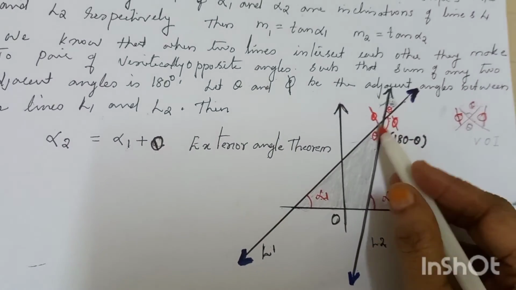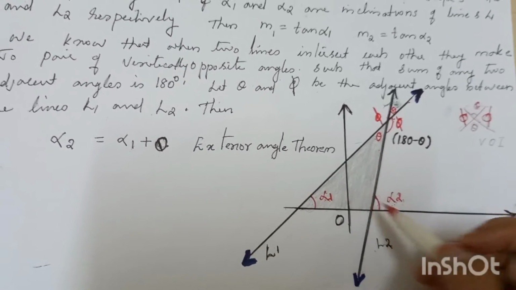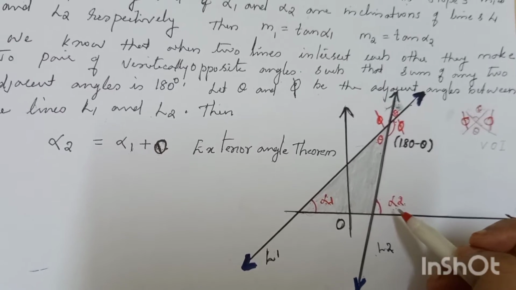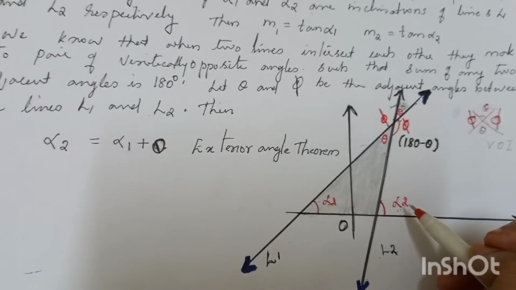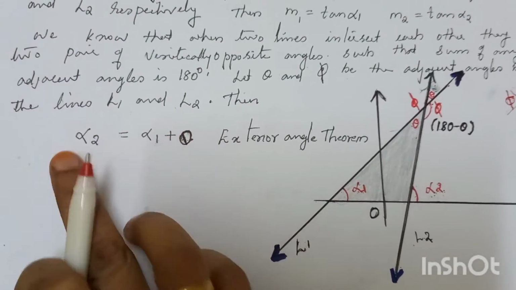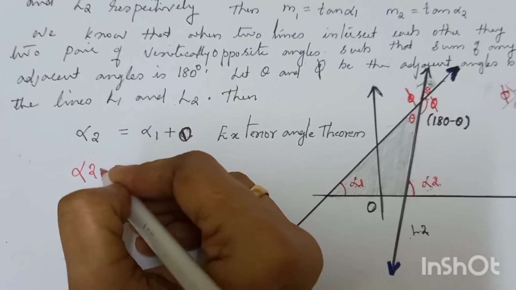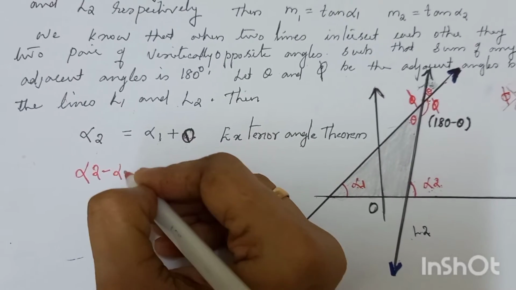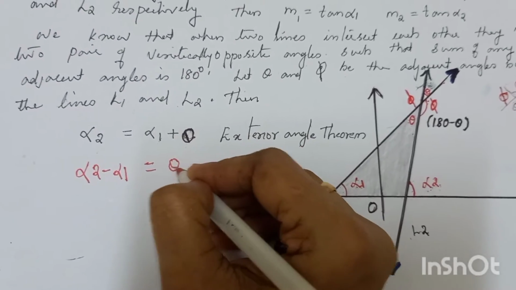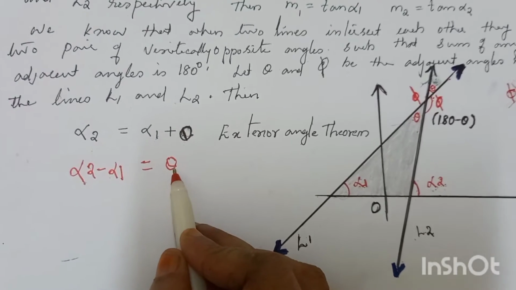Transposing alpha 1 to this side, we get alpha 2 minus alpha 1 is equal to theta, isn't it?